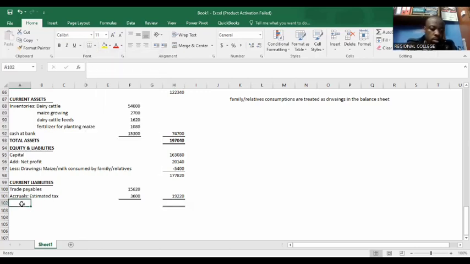So total equity and liabilities is how much? Seven. So it is equal.